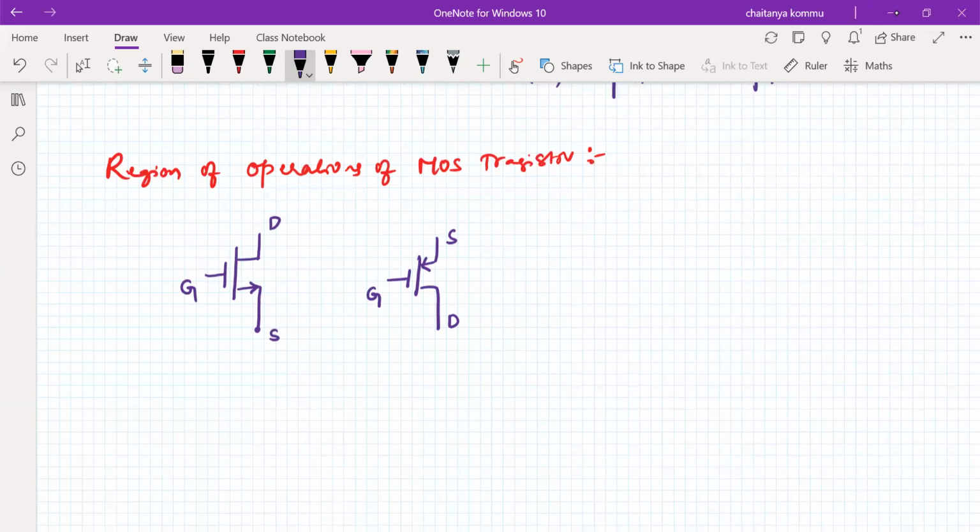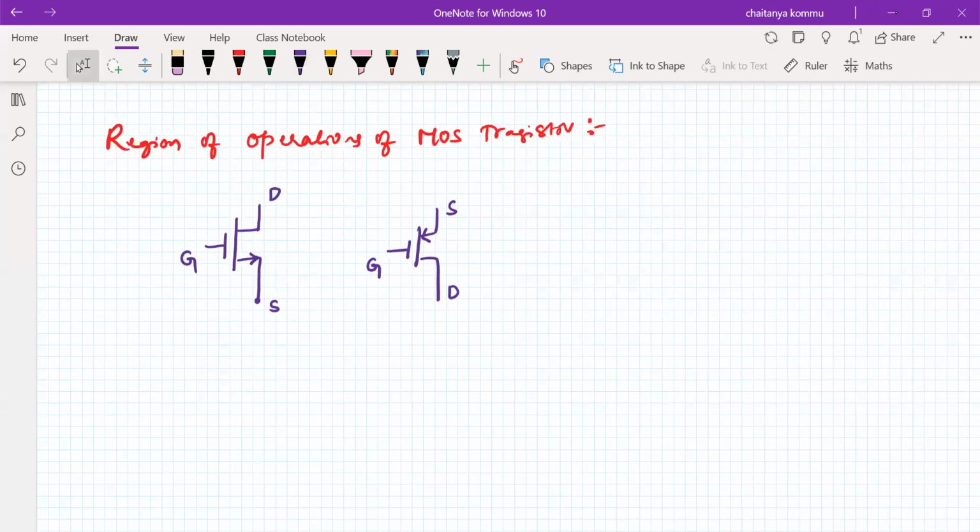What we observe generally, please remember, when comparing drain and source, VD is at positive potential and VS is at negative potential, or maybe ground, it doesn't matter.